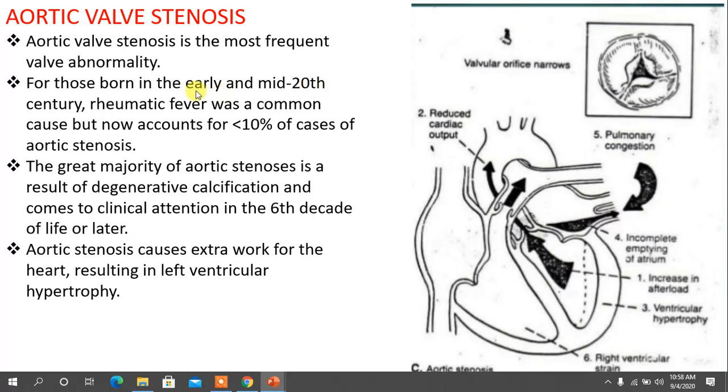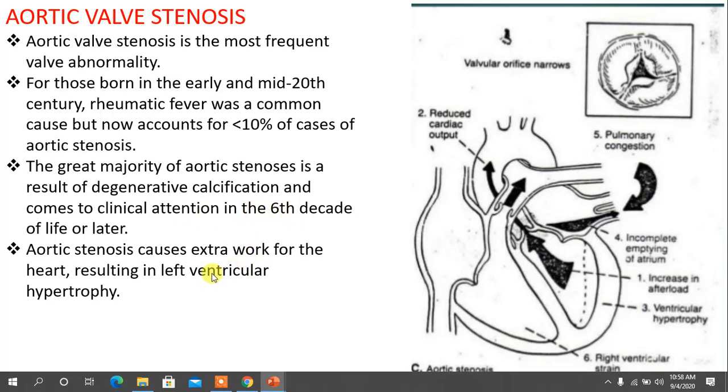For those born in the early and mid 20th century, rheumatic fever was a common cause. It accounts for less than 10% of cases of aortic stenosis, and the majority of aortic stenosis is a result of degenerative calcification and comes to clinical attention in the 6th decade of life or later.